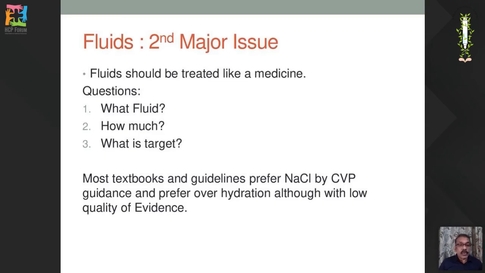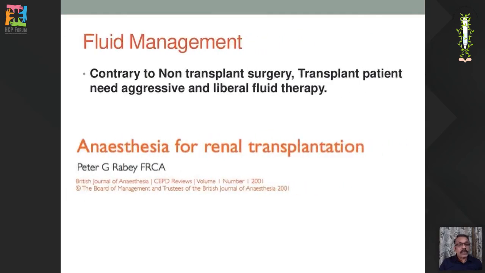We must know what fluid you are going to use, how much, and what the target is. Most textbooks and guidelines say that sodium chloride is the fluid of choice, guided by CVP. Although it is low-quality evidence, they recommend sodium chloride as the choice of fluid. There is a reason for this, because of the different practices in the continents. Americans prefer normal saline. Physicians definitely prefer more normal saline, and the guidelines and textbooks are mostly American.